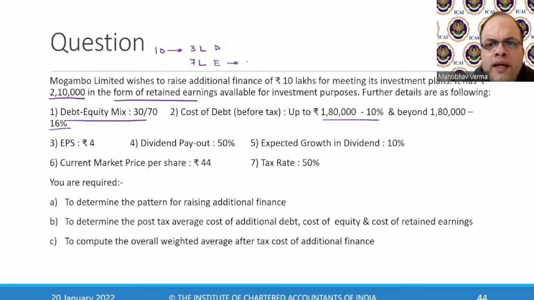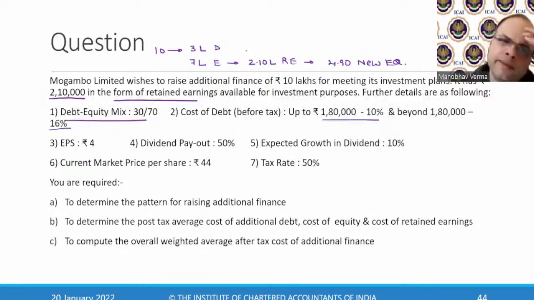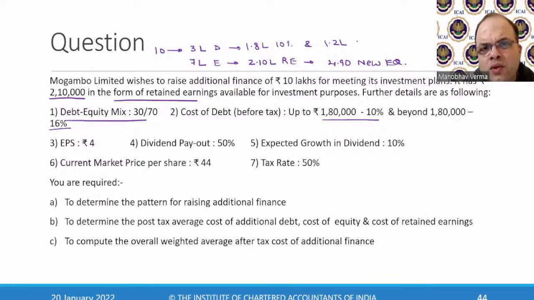In equity, you have 2.1 lakhs as retained earnings. That means fresh capital of 4.90, new equity 4.90. In the 3 lakhs debt, you have 1.8 lakh at 10% and 1.2 lakhs at 16%.